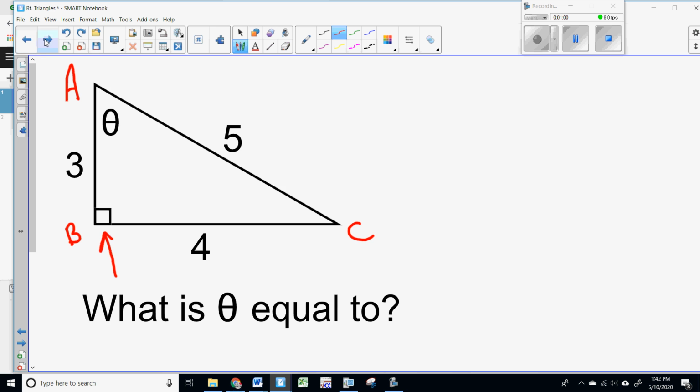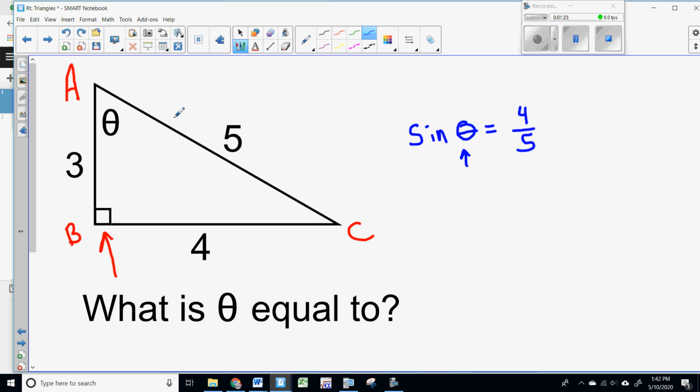But if we think about writing our trig functions here, and I'm going to use theta and let's use sine. So we could say sine of theta or A, whatever you want to use, is equal to 4/5. How can I find theta?